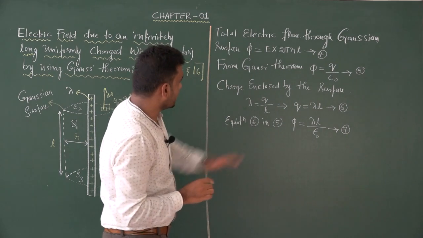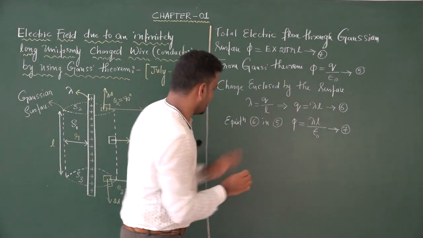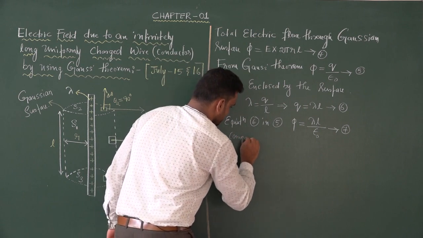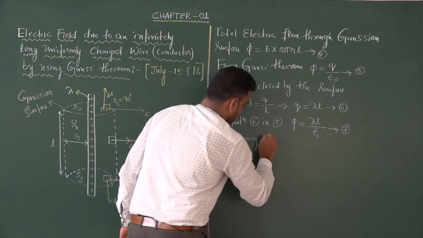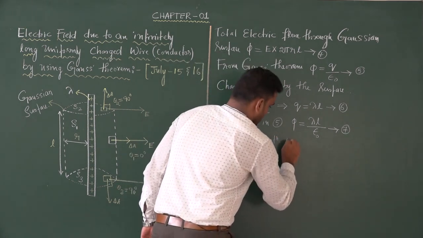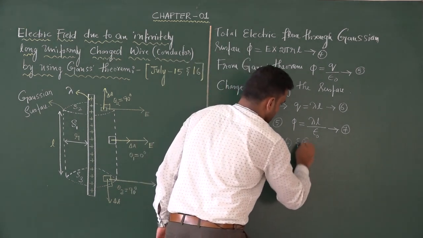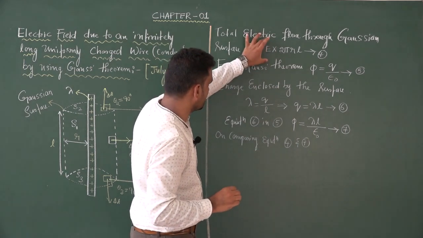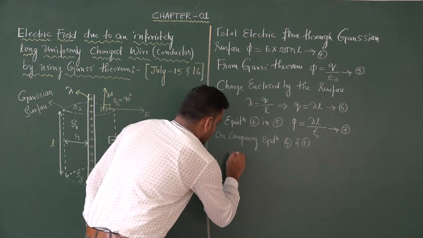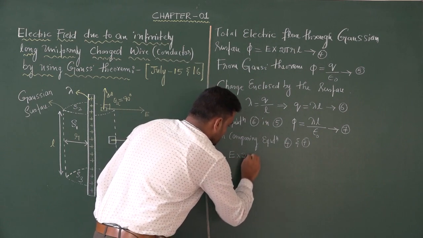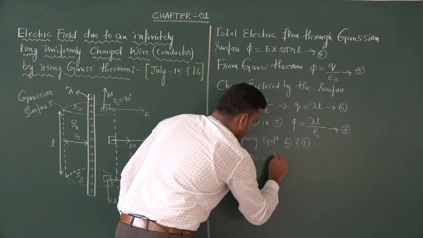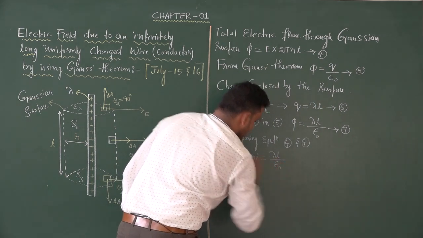Now I can compare equation number 4 and 7. On comparing equation 4 and 7, left hand side is same. So E into 2 pi R L is equal to lambda L divided by epsilon naught.